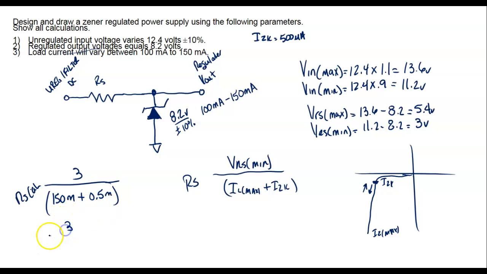It's going to be 3 divided by 150.5 milliamps. Is that right? Yeah, what I did is I went ahead and converted it to milli. So 500 micro is the same as 0.5 milli.